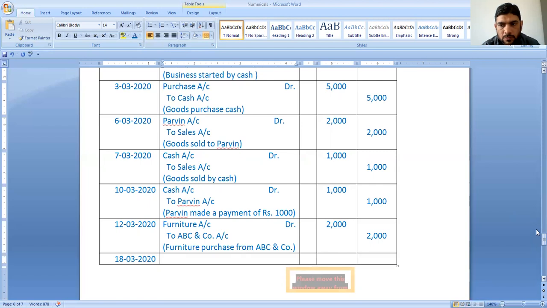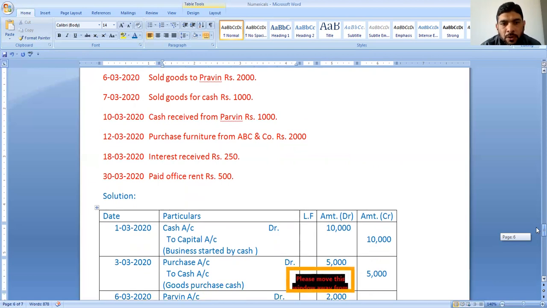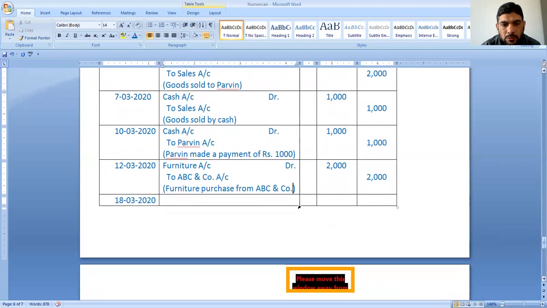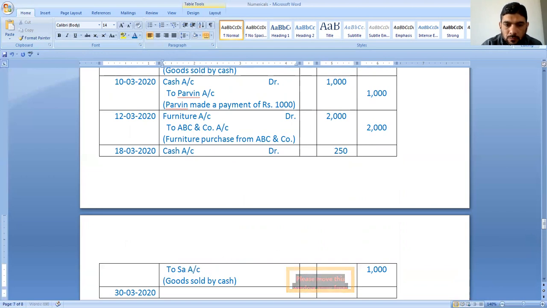Next transaction is interest received 250. That means cash has been received in the form of interest. So we may write cash account debited for 250 rupees, and interest received account will be credited, 250.